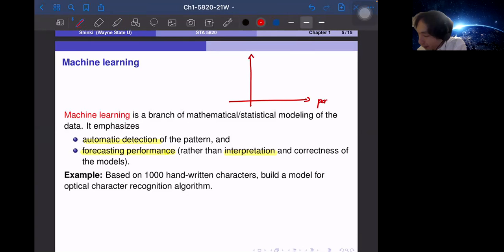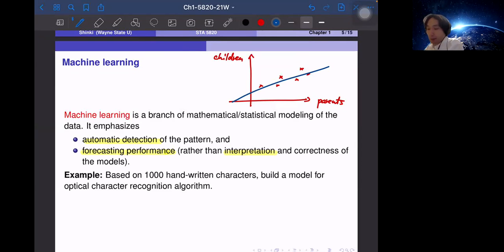Okay, so this is the parents' educational level, and this is the children's academic achievement. Then if we have data, maybe our first interest is whether the slope is significantly different from 0. So statistics tests the slope.